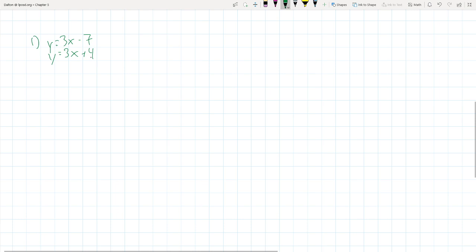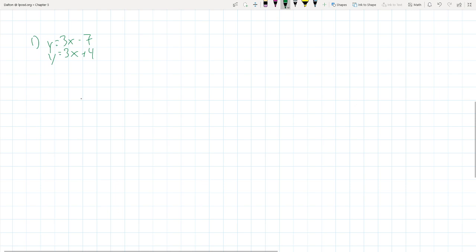Now, you might right off the bat be able to tell what that is. And if you do, awesome, good for you. However, we're still going to go through this just in case you don't, and just so you can see what happens whenever you come across something like this and what it looks like.